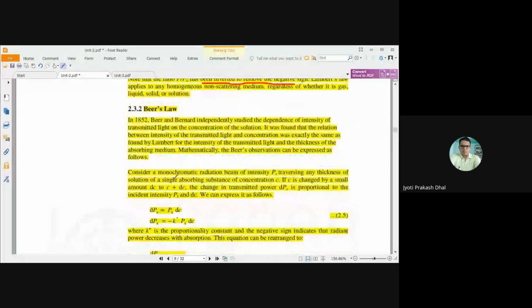Now consider a monochromatic radiation beam of intensity Px traversing any thickness of the solution of a single absorbing substance of concentration C, and if C changes by a small amount from C to C plus dC. Initially the intensity of the monochromatic radiation is Px, traversing the solution of a single absorbing substance.